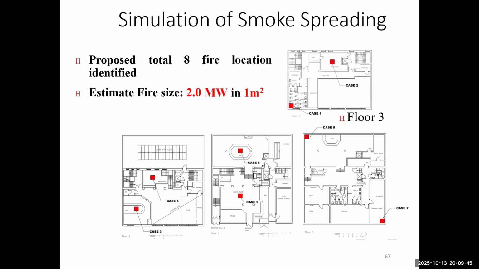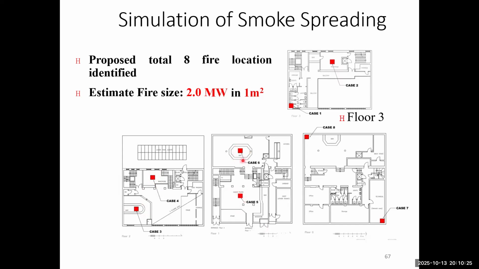So I want to know which case or cases you think is the most severe in this kind of smoke spreading simulation. We have case 1 here in the corner of the toilet, and case 2 in the kitchen, and case 3 might be a dance hall, and case 4 might be the night bar, and case 5 is a very large compartment.